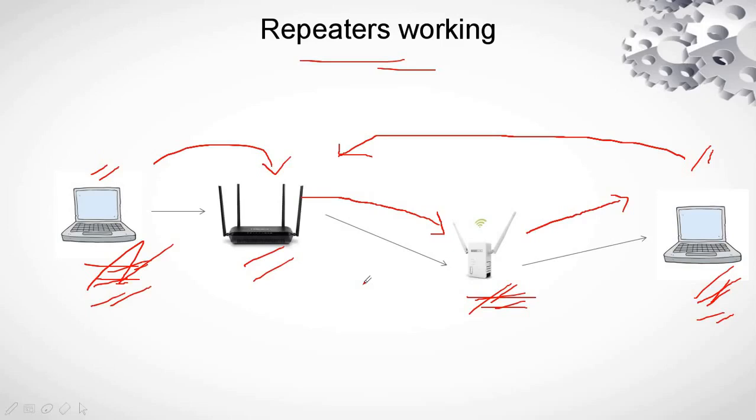So let's say for a certain reason some computers are very far away from the Wi-Fi router. For that reason, the office may need to install a Wi-Fi repeater so that the computers that are far away from the Wi-Fi router can get a better signal.